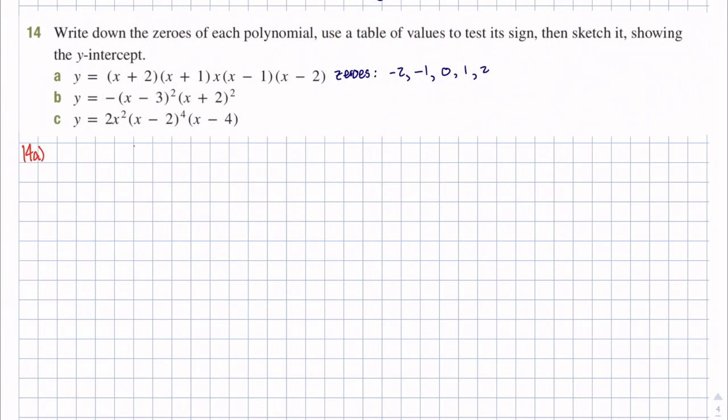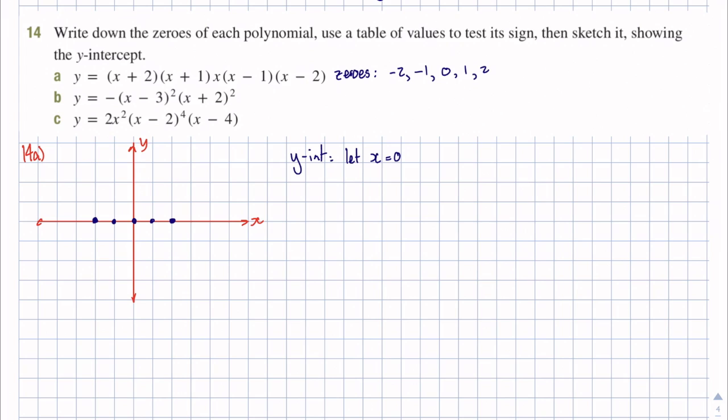We know, once we start to sketch it, let me put this in, y, x. Okay, so we know it's going to have zeros at -2, -1, 0, 1, and 2. The y-intercept, just like we did in quadratics, we let x equals 0.